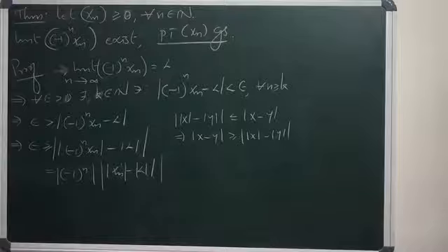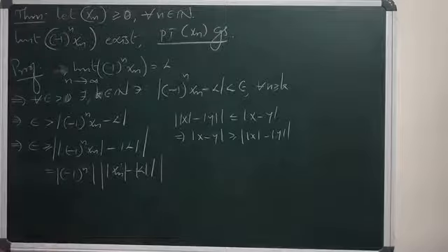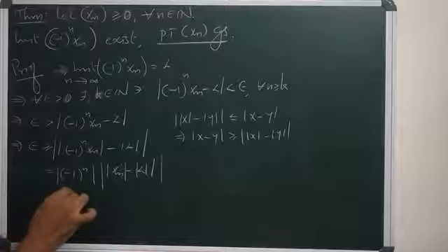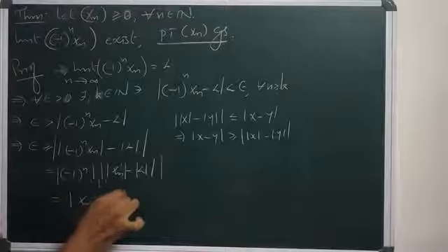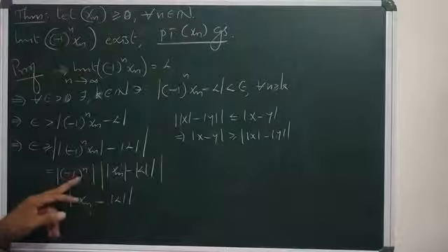Yes. So epsilon is greater than or equal to modulus of (-1)^n into mod xn minus mod L. So that equals modulus of xn minus mod L. Why? Because the modulus of (-1)^n is 1.